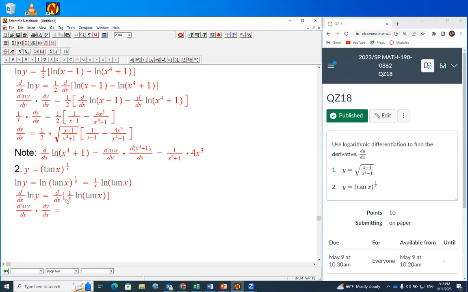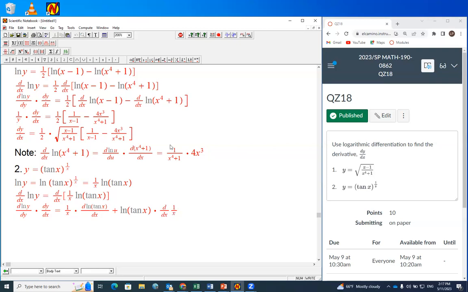And the right-hand side is the product, right? So we can keep the 1 over x, multiplied by the derivative of ln tangent x with respect to x, plus, we're going to differentiate 1 over x, so ln of tangent x, and then differentiating 1 over x.